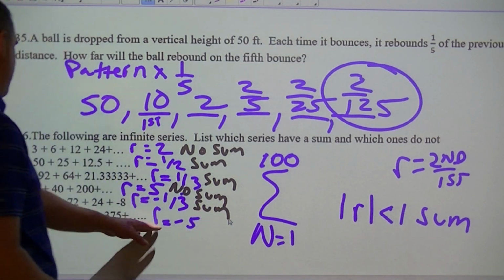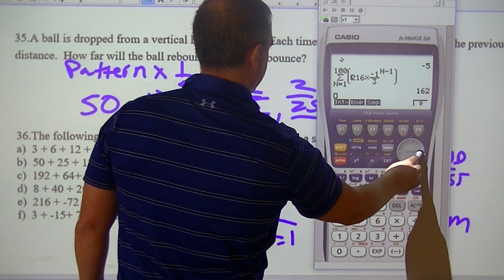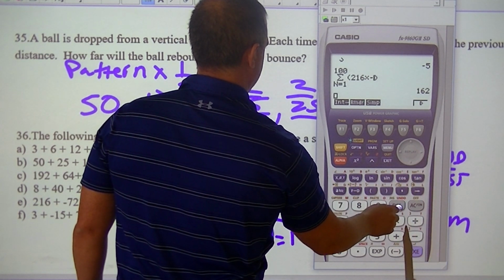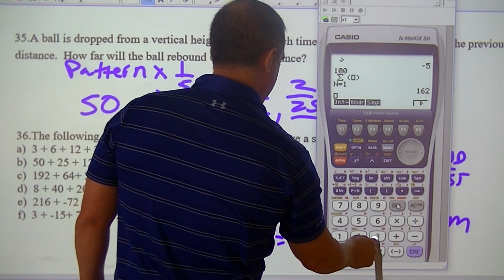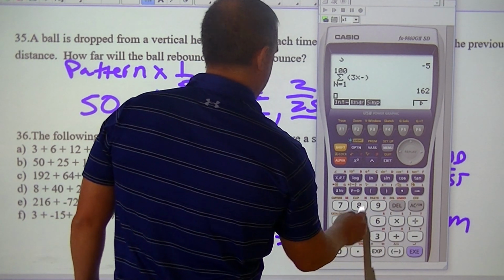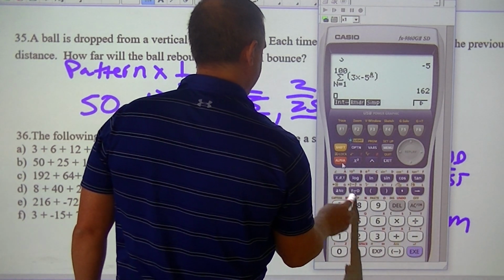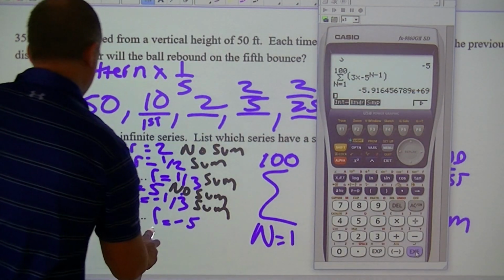And if you try this last one, negative 3 times negative 5 to the n minus 1. As you can see there, big E there.